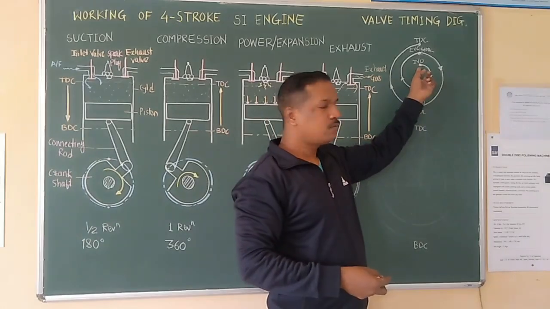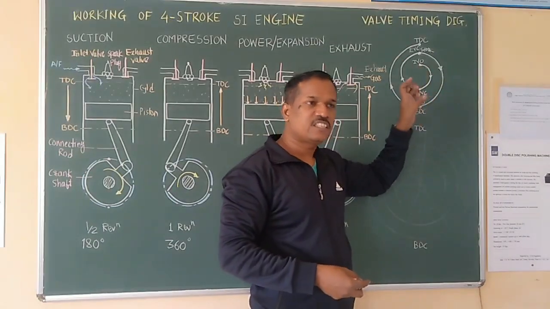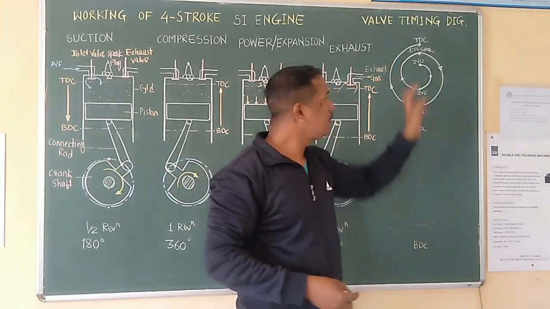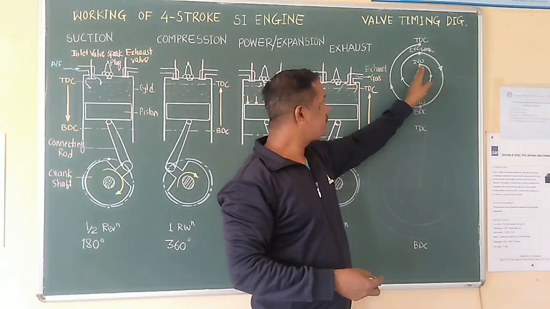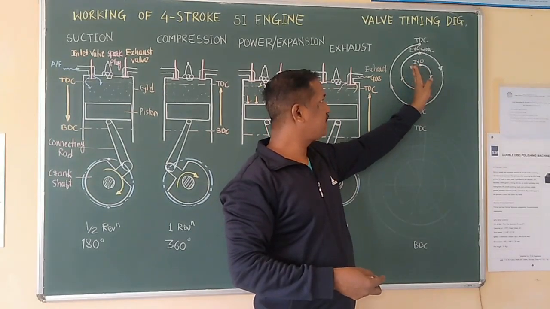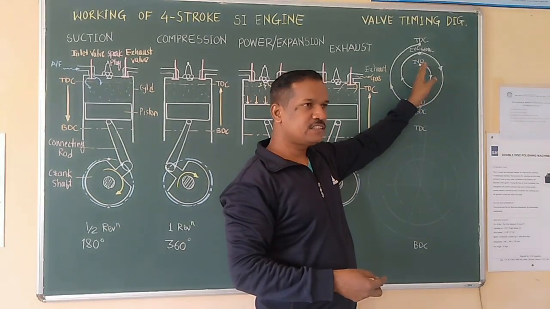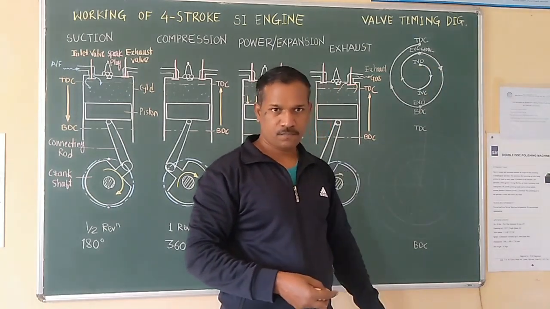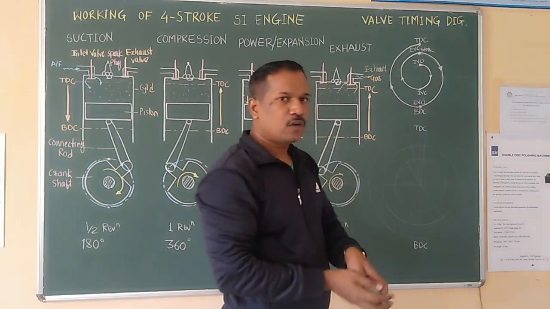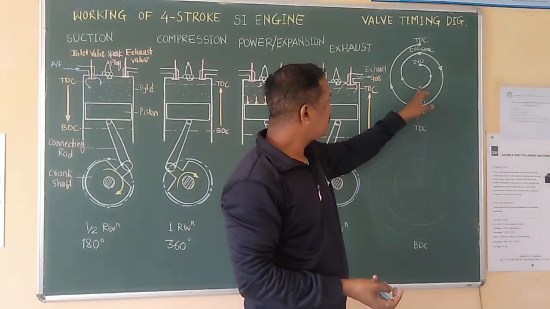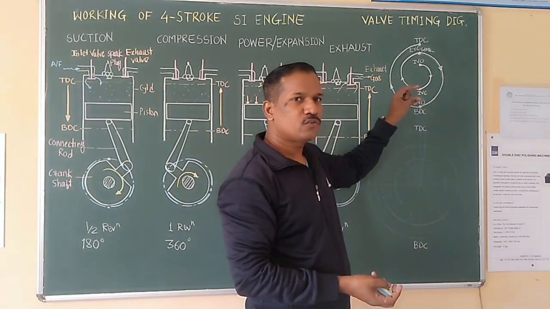So for the inlet valve open, we must start opening the inlet valve before TDC. If I start opening the inlet valve before TDC, then when I reach TDC, the inlet valve is fully open. Likewise, if I want to close the inlet valve, I must start closing the inlet valve earlier, so slowly it will get closed.